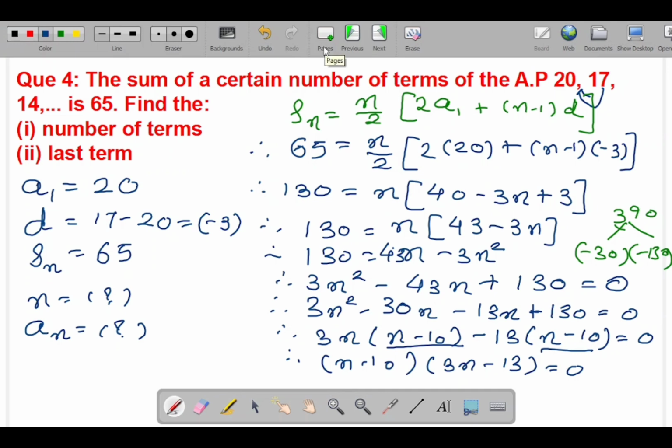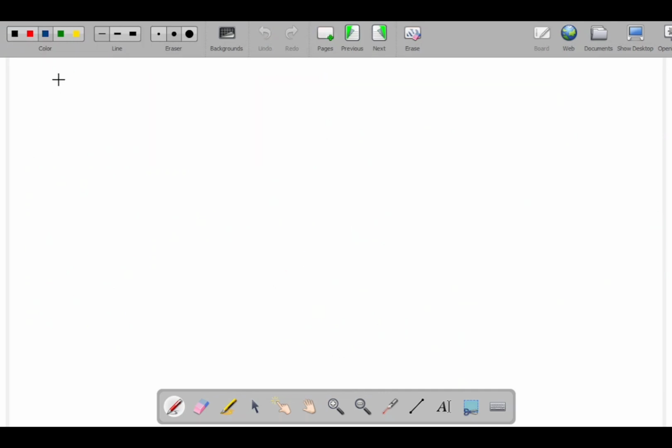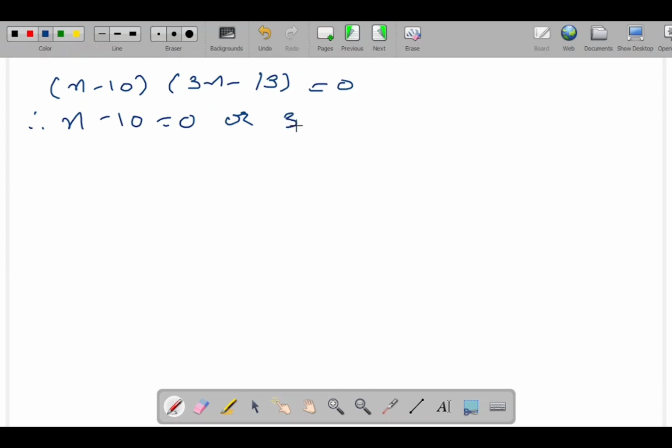Let me take the next page. So we have n minus 10 into 3n minus 13, which is equal to 0. That means either n minus 10 equals 0, or we have 3n minus 13 equals 0. That means either n equals 10 or n equals 13 by 3. Now, you must know, what are we calculating?